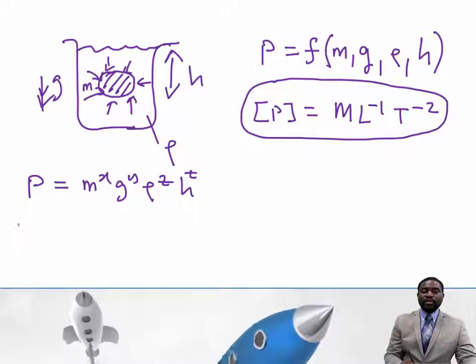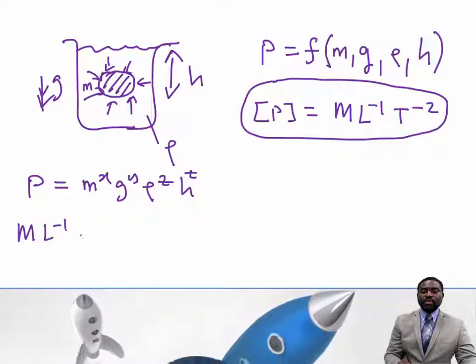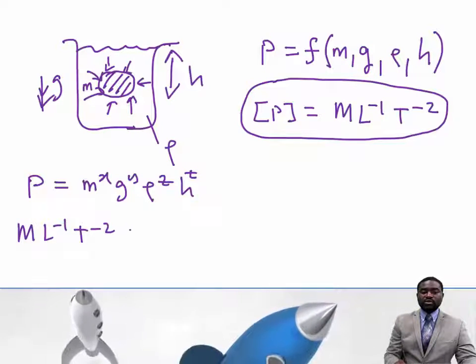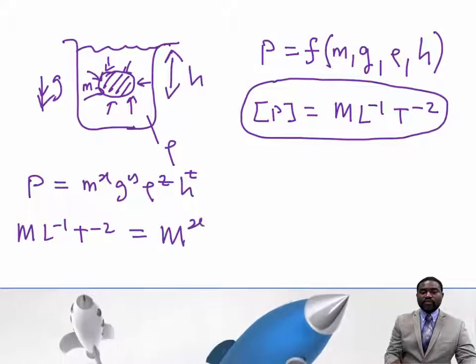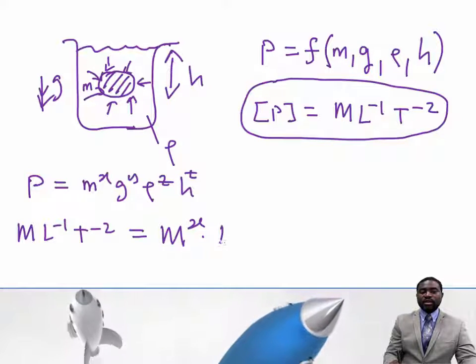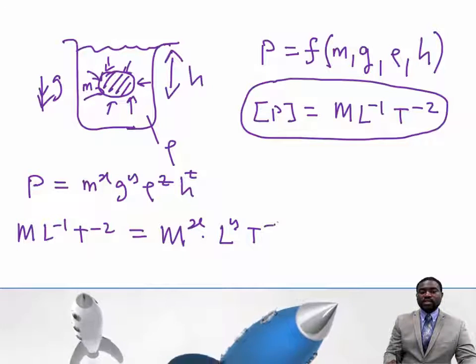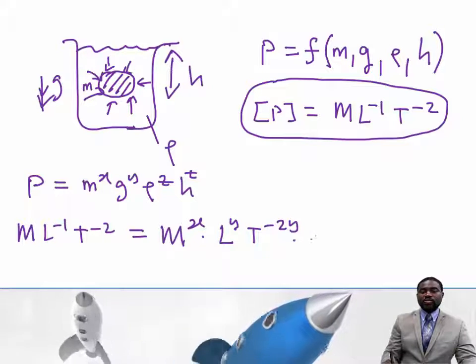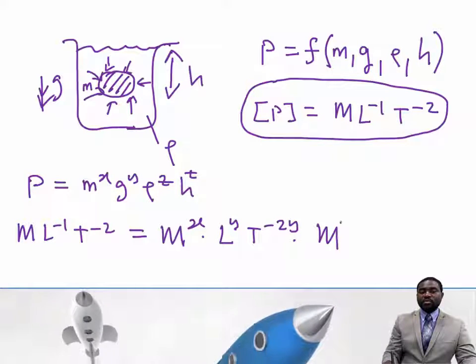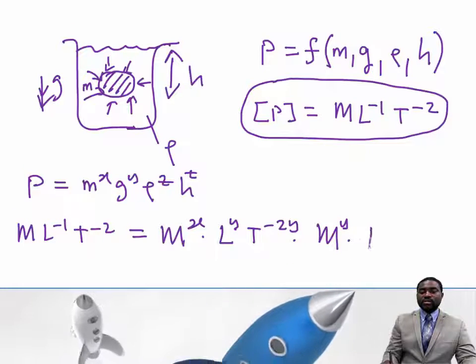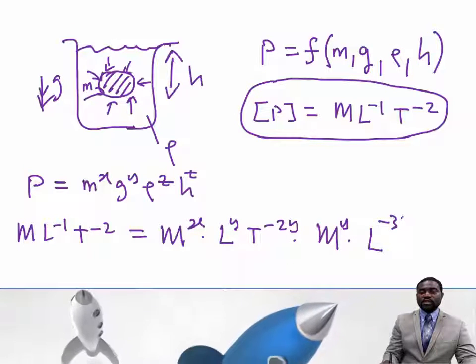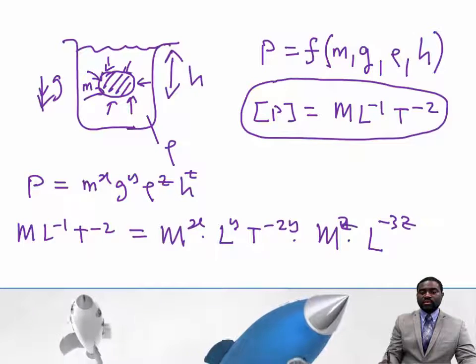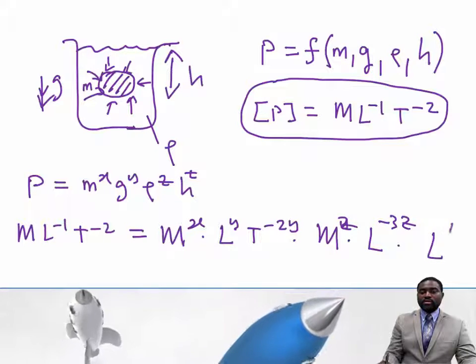So this will be ML^-1T^-2, all of this equal to M^x multiplied by L^y T^-2y multiplied by ML^-3 to the z, L^t.